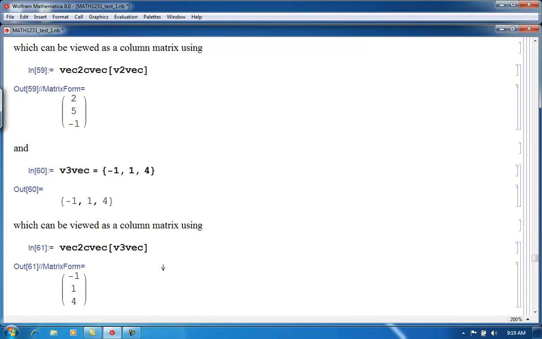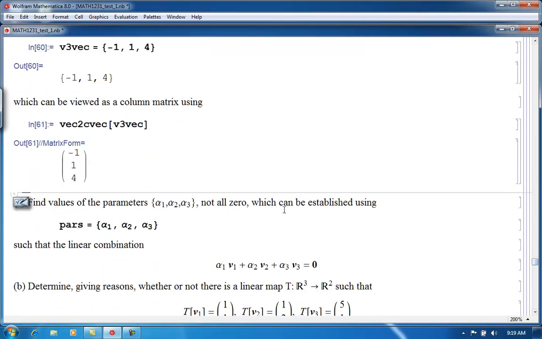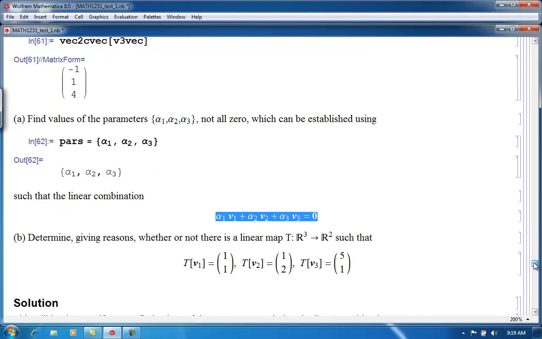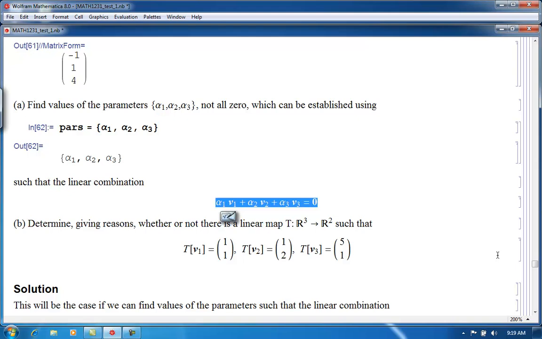And there are 2 parts to the question. Find the values of these parameters here, which are not all 0, such that the linear combination here is the 0 vector. In other words, if that's the case, then the 3 vectors will be linearly dependent.